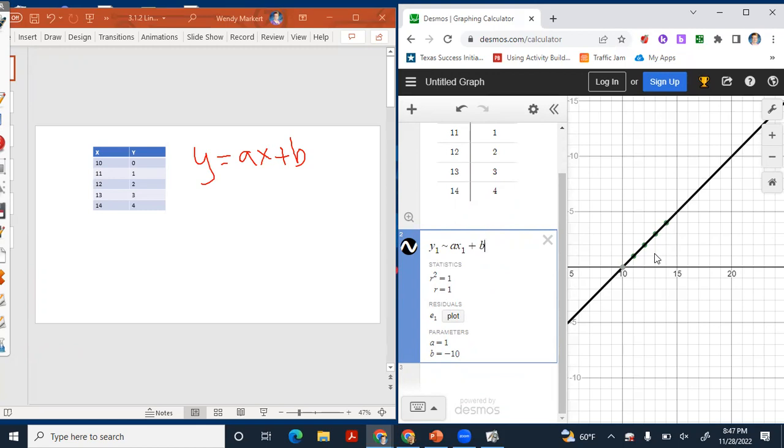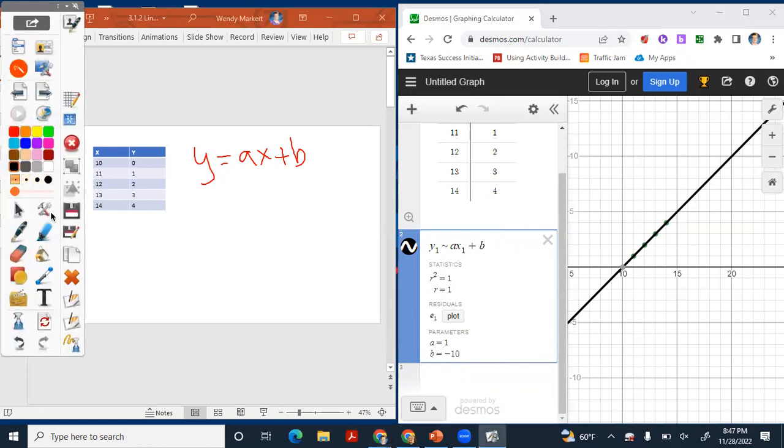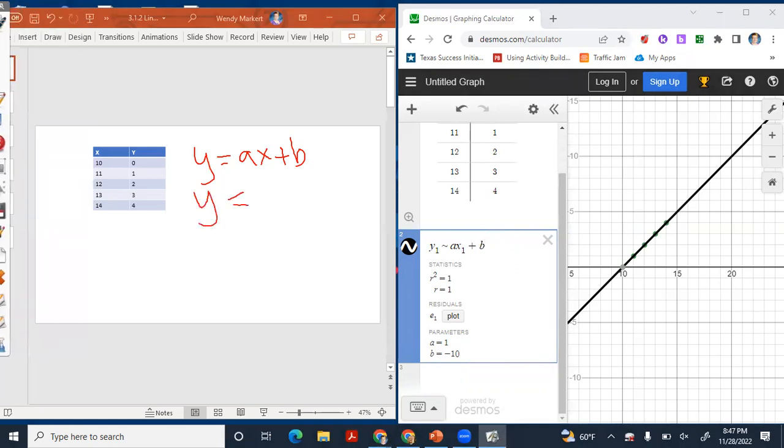I have a positive slope. And we've calculated that A equals 1 and B is -10. So if I fill that in, that means I have y equals 1x minus 10, or y equals x minus 10. That is the equation of the line that contains these 5 points.